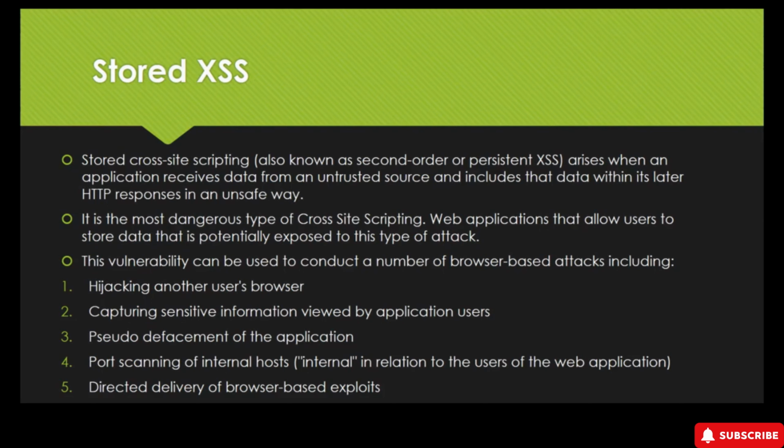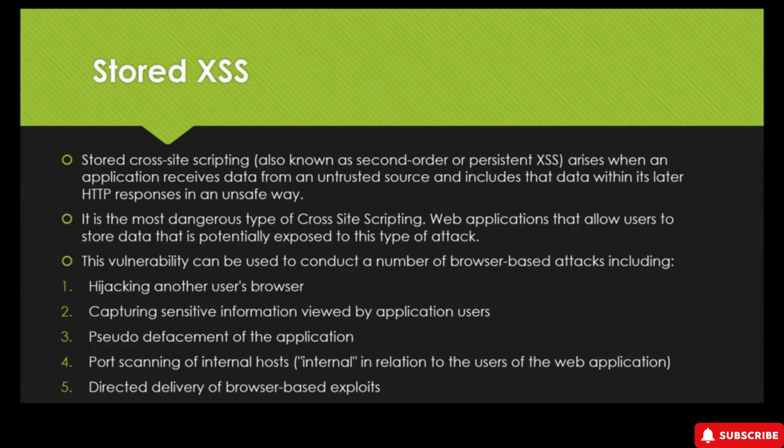In this tutorial, we will see what is stored XSS. Stored cross-site scripting, which is also known as persistent XSS or second order XSS, arises when an application receives data from an untrusted source and includes that data within its later HTTP response in an unsafe way. It is the most dangerous type of cross-site scripting, where a web application allows users to store data that is potentially exposed to this type of attack.